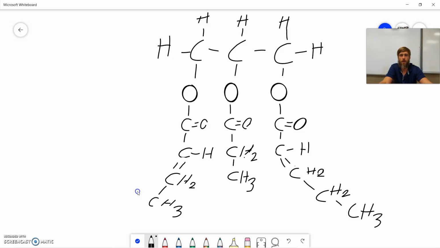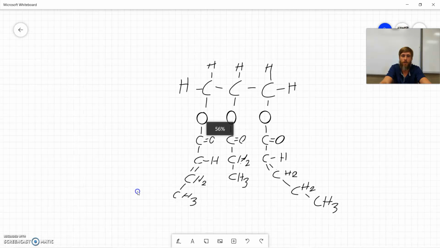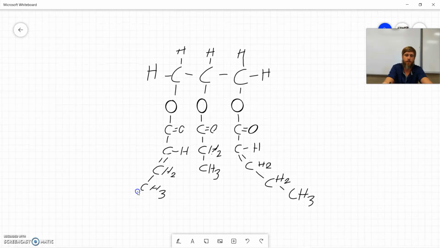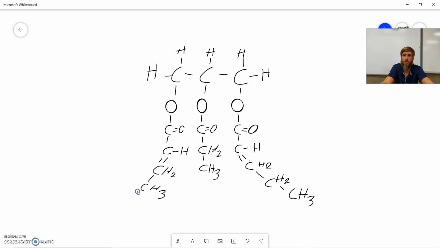Now, I don't have a ton of room to continue on, but if we take a look back and zoom out a little bit, you're going to notice this bend is going to take shape.